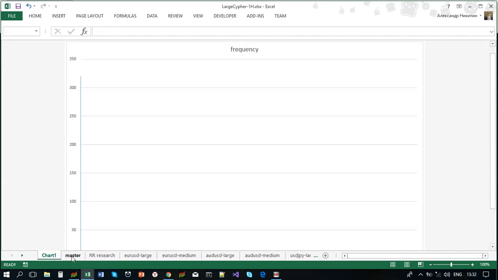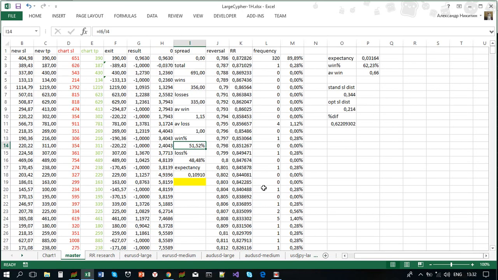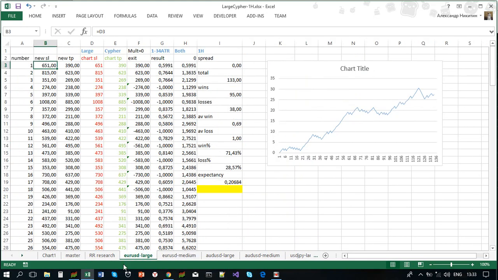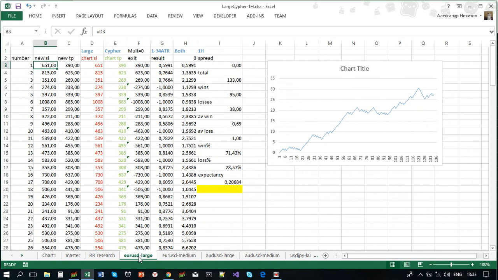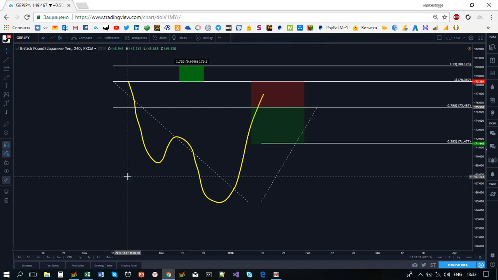On average it improves the results when we have all patterns regardless of the algorithms. Yes, on average it improves, but going deeper into details, on a pair-by-pair basis, to fine-tune, maybe some pairs are better traded with the old stop loss, and some pairs will be very much improved with a larger stop loss or smaller stop loss. Okay, so these are the results.